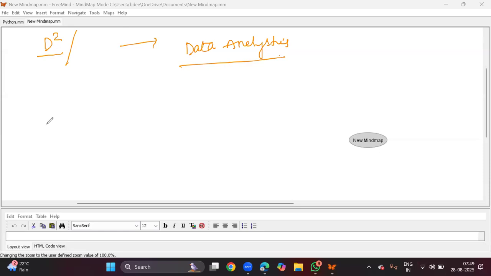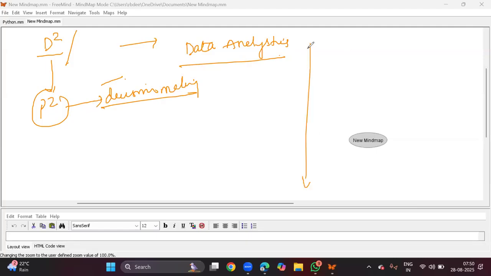Now, what is the other thing? Future telling is your P square. One is decision making, one is what to be done and why decision to be taken. Okay, this is decision making. So the point here is we are trying to solve these four stages of analytics, and we will get the business solution for every problem.